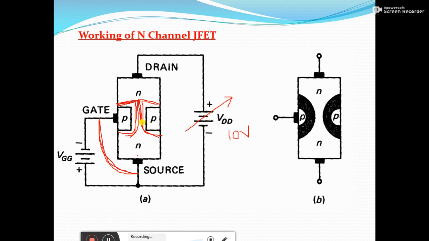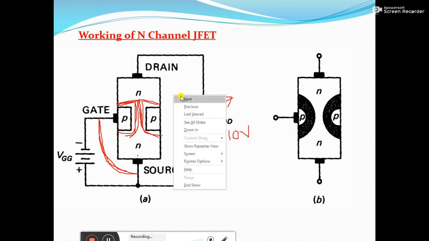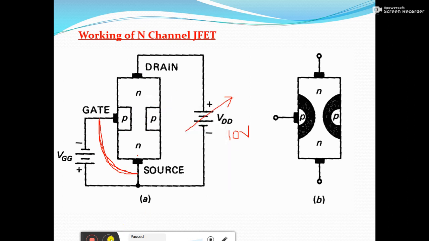So let me explain this once again. Initially, whenever the voltage is applied, since the drain terminal is more positive compared to the source, the electrons are emitted from the source. As we can see, the source is at negative potential. The electrons get a repulsion force from the source terminal, and at the same time an attraction force from the drain terminal.